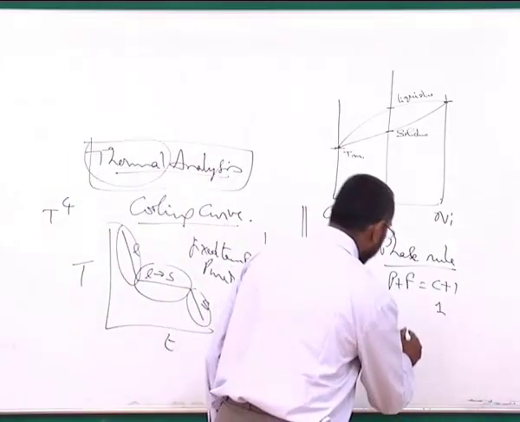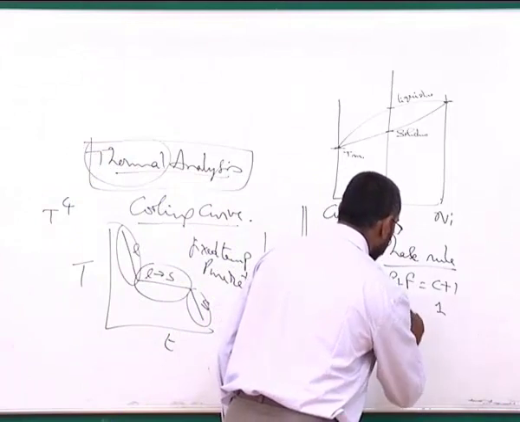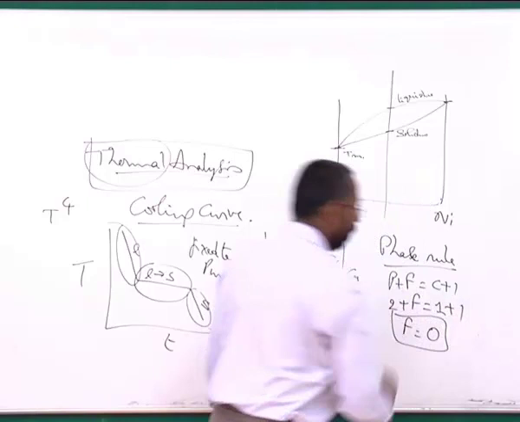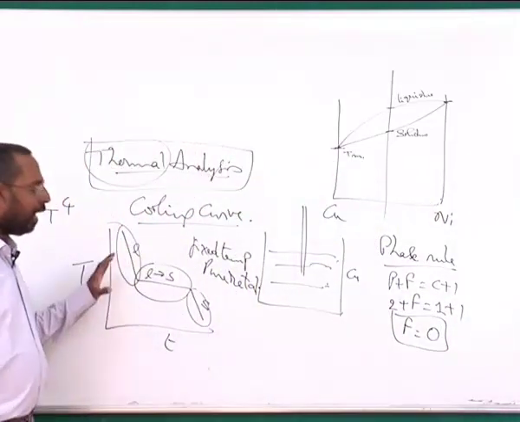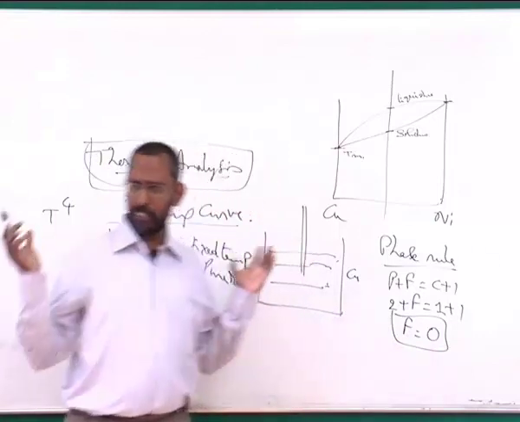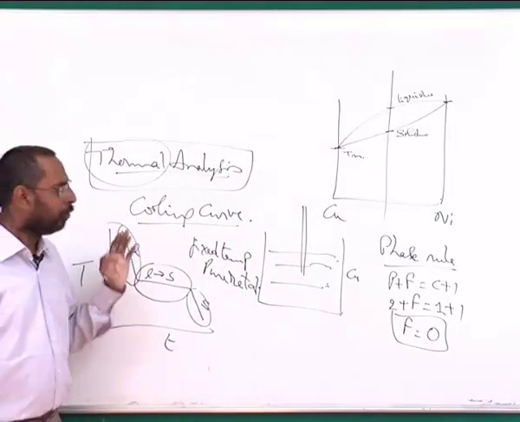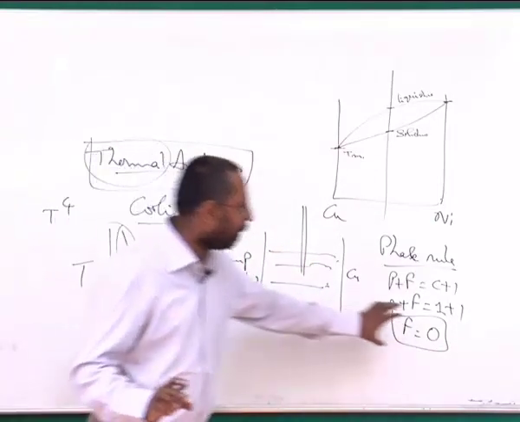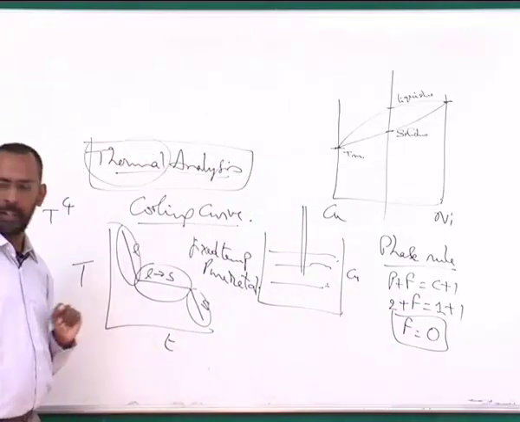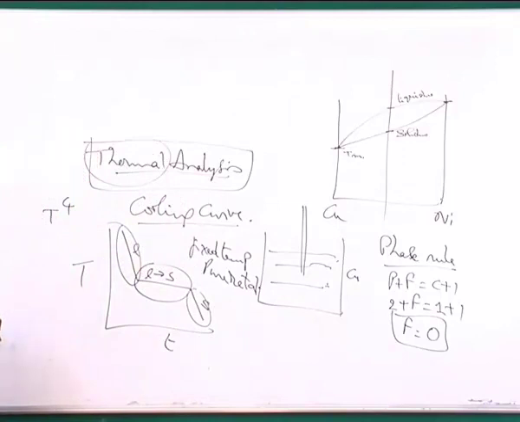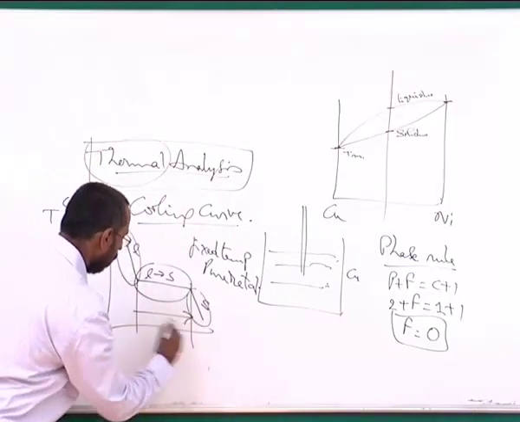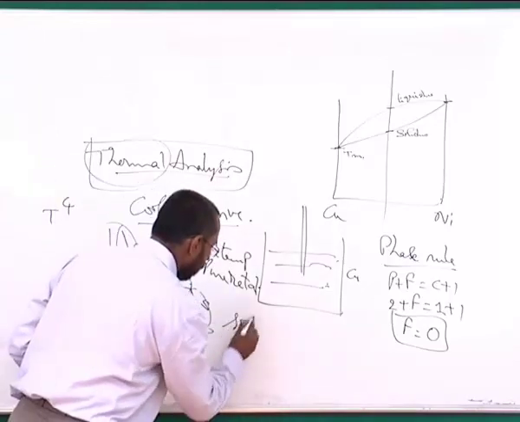So 2 plus F equal to 1 plus 1, F equal to 0, which indicates that the alloy should solidify at a fixed temperature because there are no degrees of freedom for this transformation. And this particular time is what we call the solidification time.